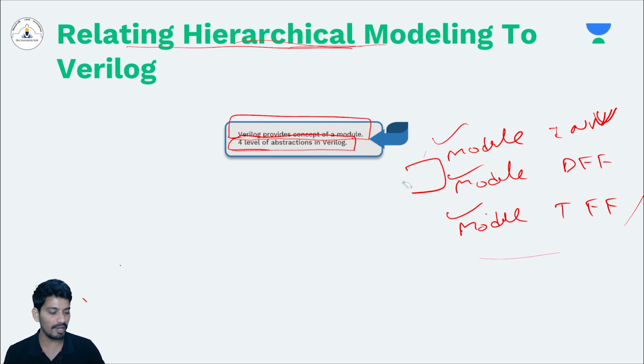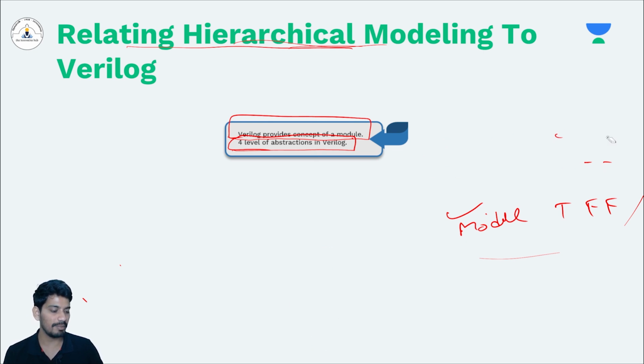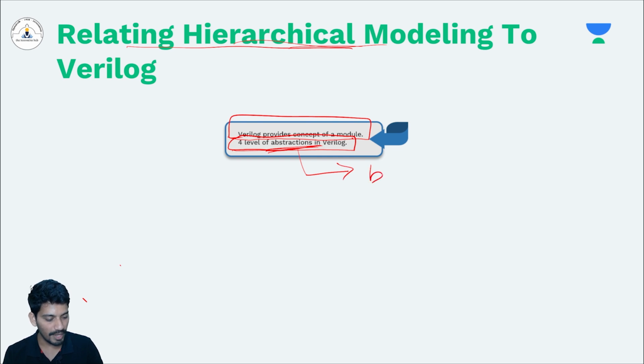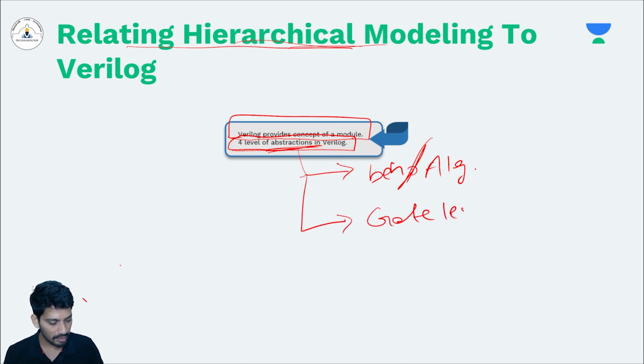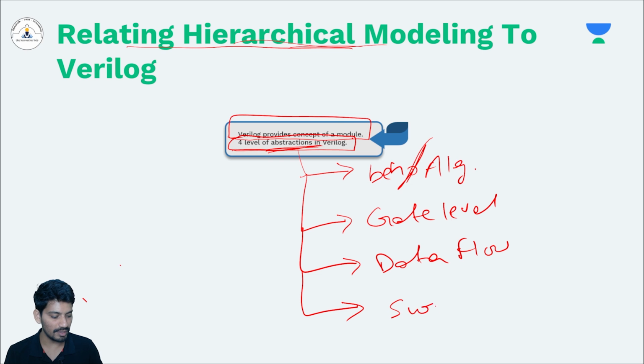Abstraction means at what level you are defining your circuit, whether you are defining it at gate level or switch level, where switch means NMOS and PMOS. The four abstraction levels are: one, behavioral, or algorithm level; second, gate level; third, data flow level; and fourth, switch level.